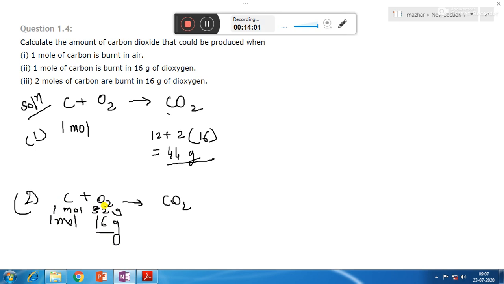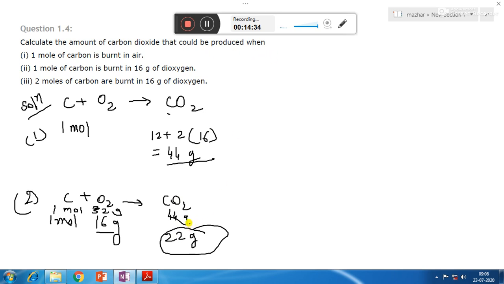In the balanced equation, 32 gram oxygen produces 44 gram carbon dioxide. In the given situation the amount of carbon is the same, 1 mole, but oxygen is 16 instead of 32. So oxygen is the limiting reagent. Because of half the amount of oxygen, the carbon dioxide formed will also be half, that is 22 gram. So this is our answer.